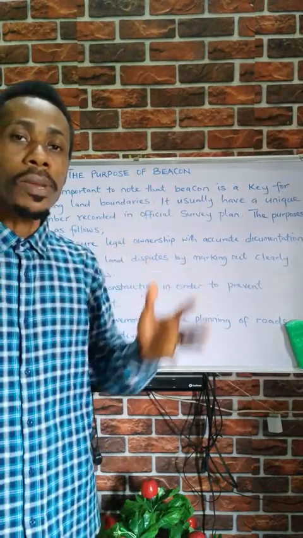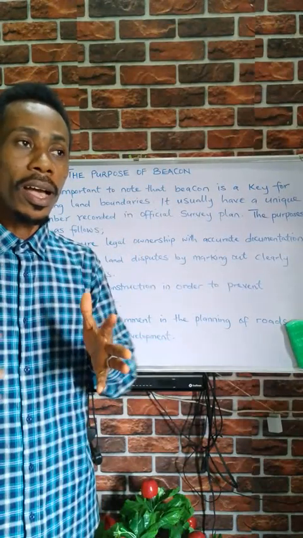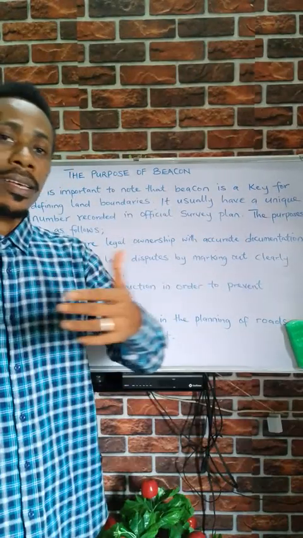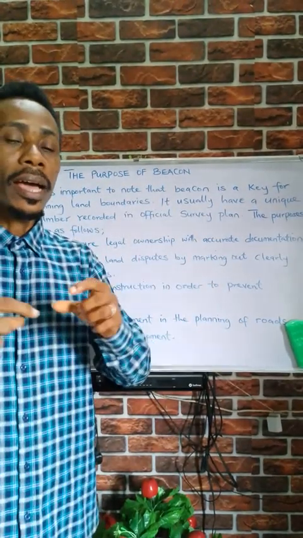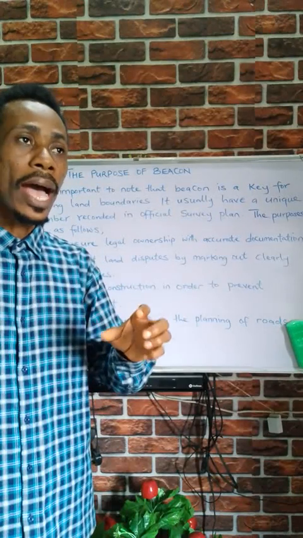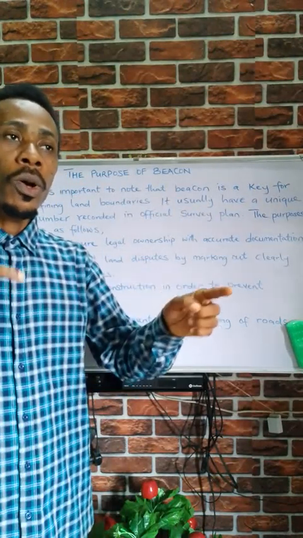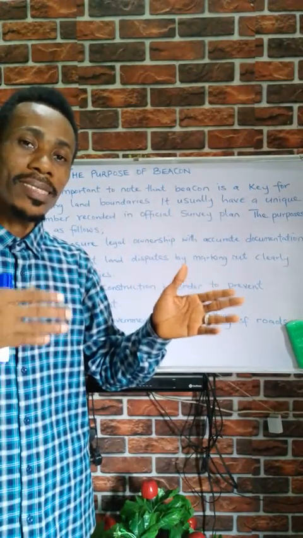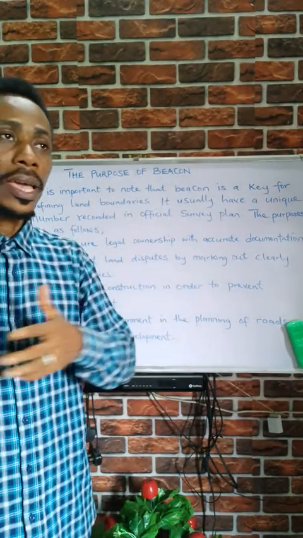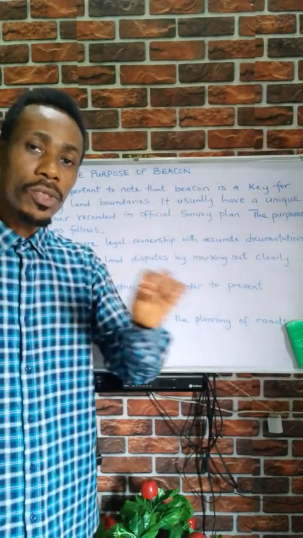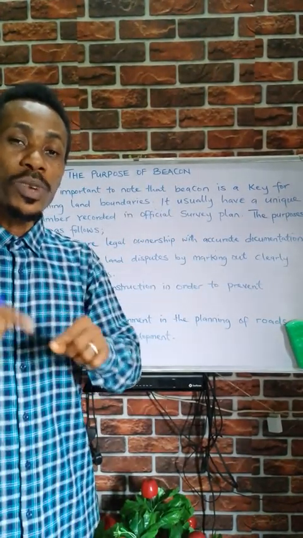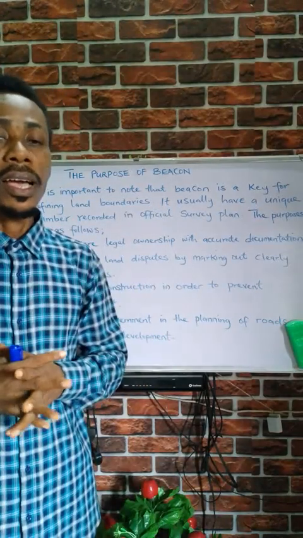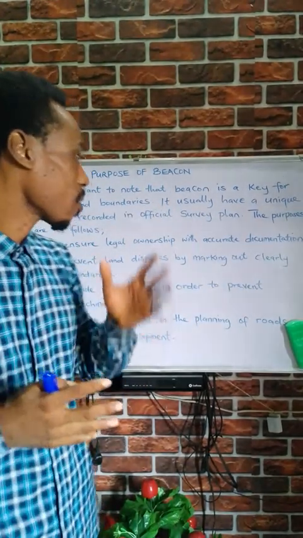Having established those geometrical forms by knowing the length, the breadth, and all of that, it is the beacon that helps to show the edges, from where it starts to another end. So it is the beacon that defines those positions relative to their various distances. So that is what beacon does.